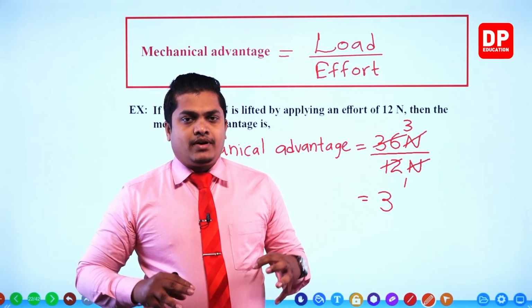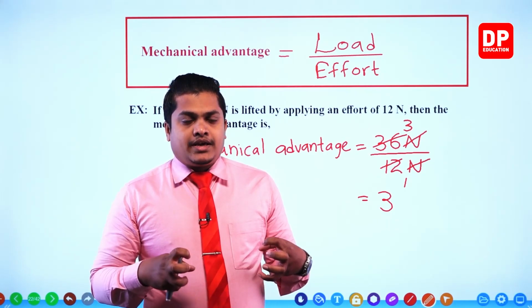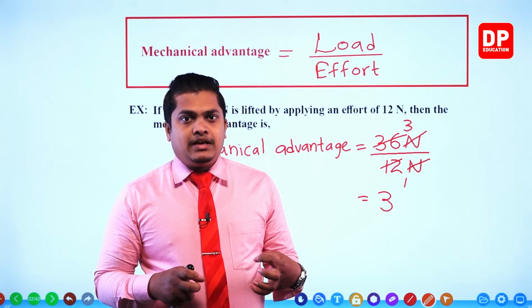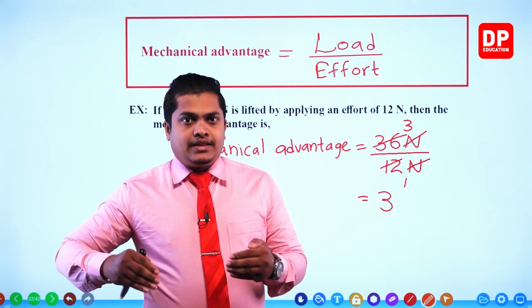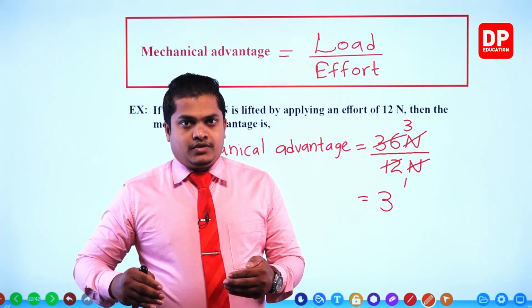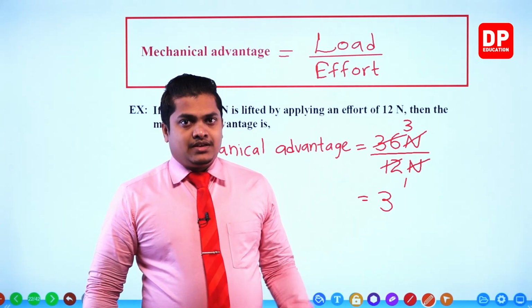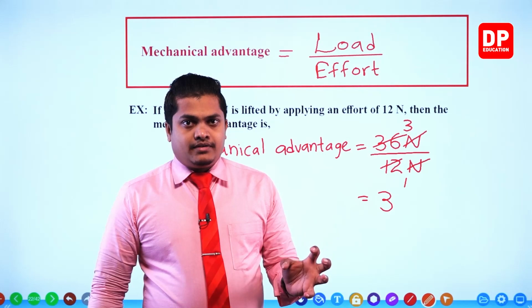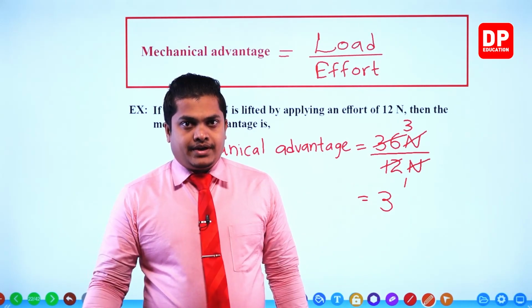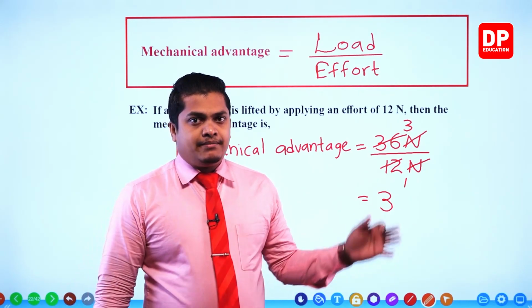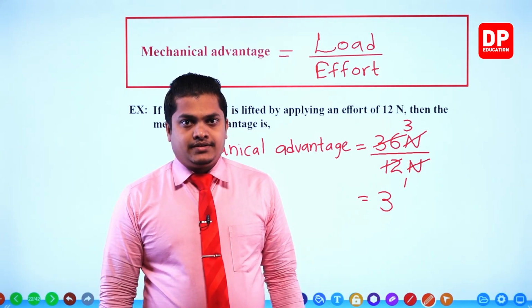Mechanical advantage implies how much of a load can be lifted off by applying that particular force. Here 3 means 3 times the force applied. That much weight can be lifted from the other side.